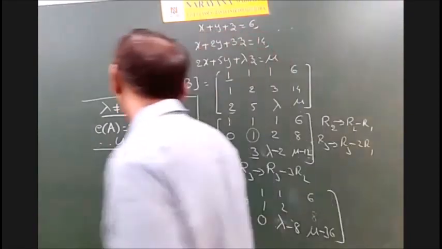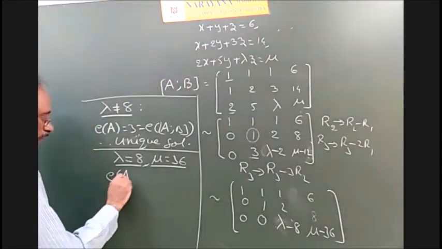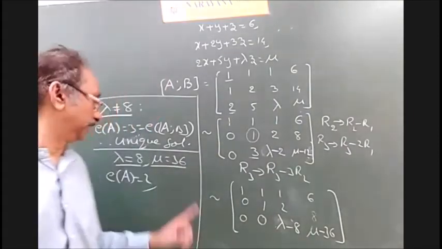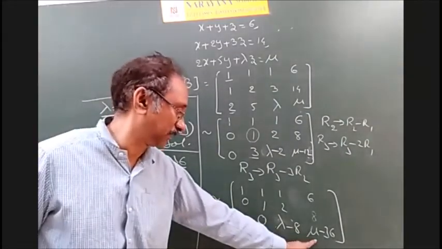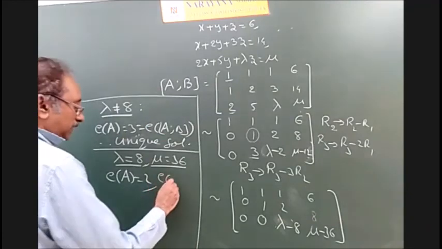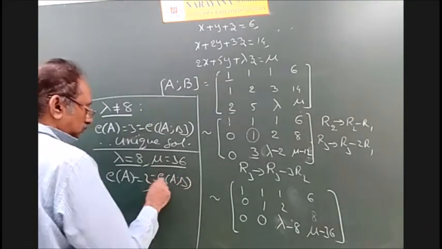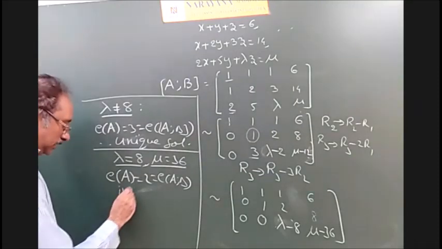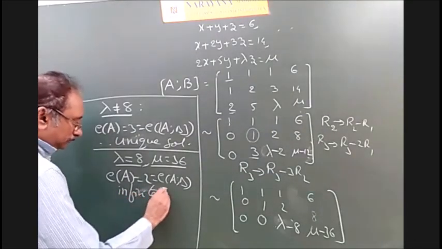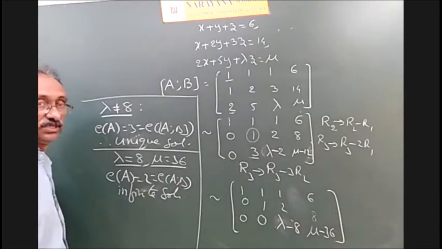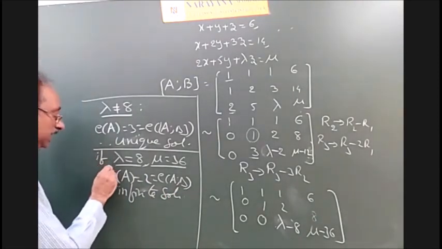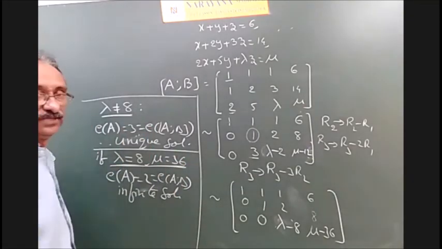Therefore, rank of A is equal to 2. And rank of AB is also 2 because mu is equal to 36 I have taken. But less than number of variables. So, infinite solutions. So, this problem has infinite solutions if lambda is equal to 8 and mu is equal to 36.